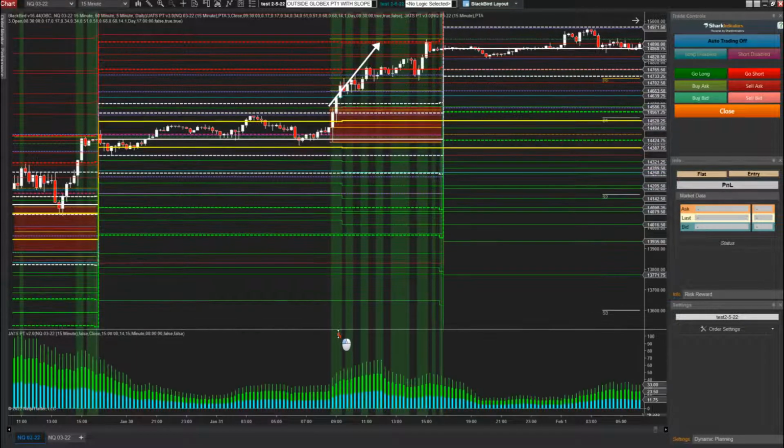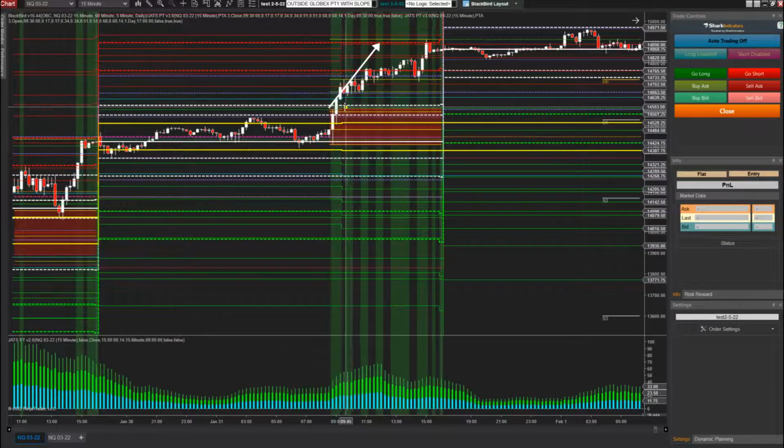And there's many different ways to set it up. You can just set it up to exit the one and take your target at the level. Works very well. Or you can design any other manner of methods of entering the trades.